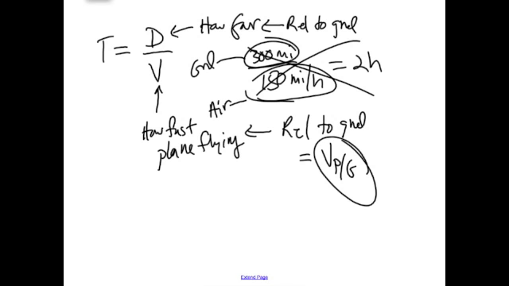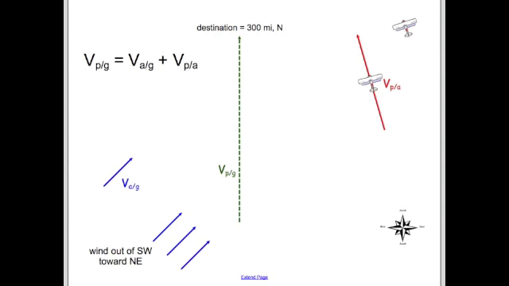Another common mistake. So let's draw our triangle. And here we have our various pieces set up. Here is the equation we're going to be using to draw our triangle. And the way to draw this triangle is actually a little strange. The best way to do it is to first draw the resultant, the sum, the velocity of the plane relative to the ground.